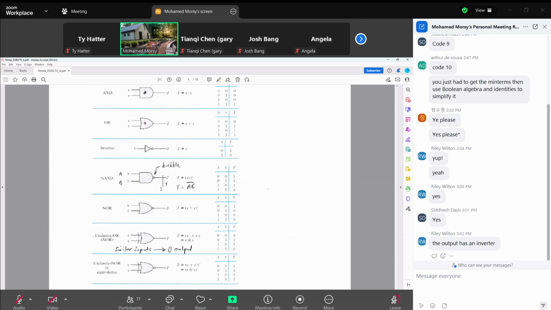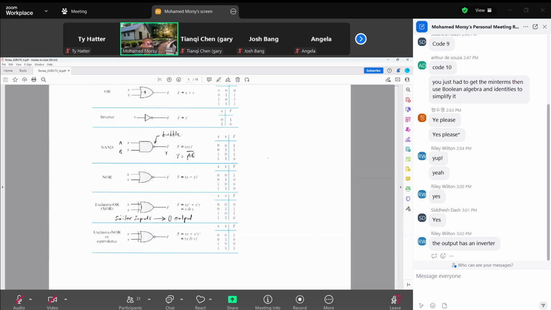So the best way, if you need the truth table, is to do the truth table for the regular AND and then invert the output. The expression for AND is Y equals AB, but for NAND it is AB inverted, the total AB inverted, not A inverted, B inverted.